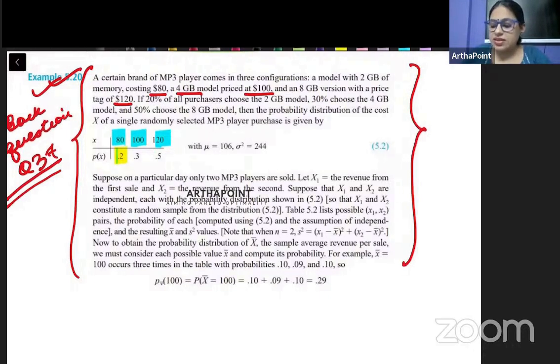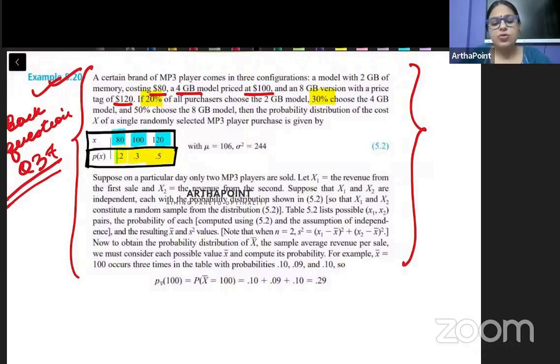And 30% is with 4 GB, so you are given 0.3. And 50% is with 8 GB, so the percentage is 0.5. You are already given this information. ये आपको पहले ही दी हुई है.